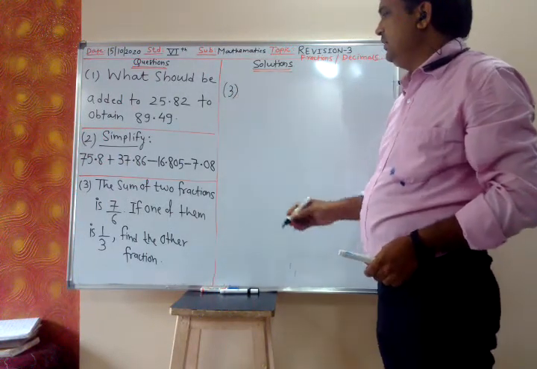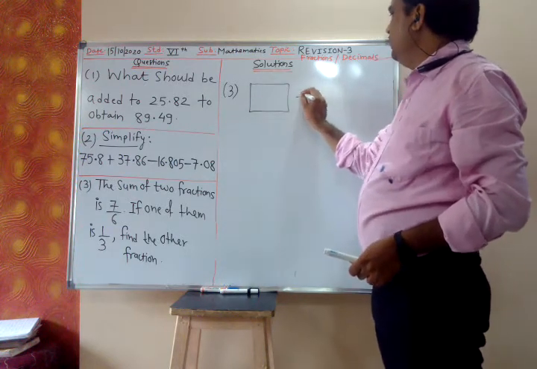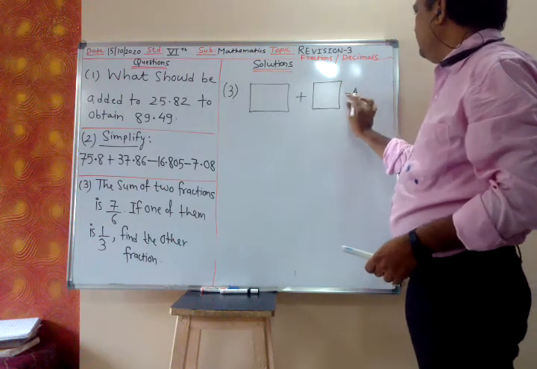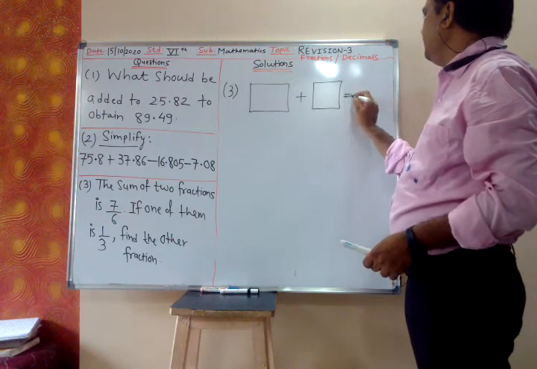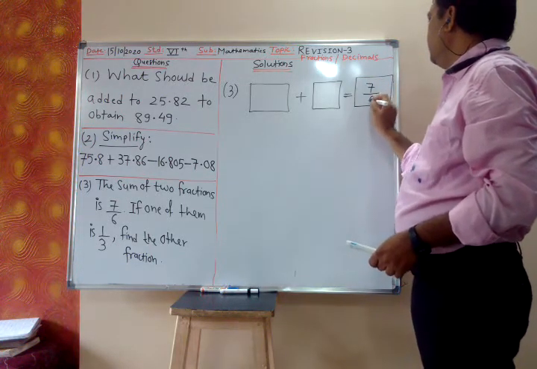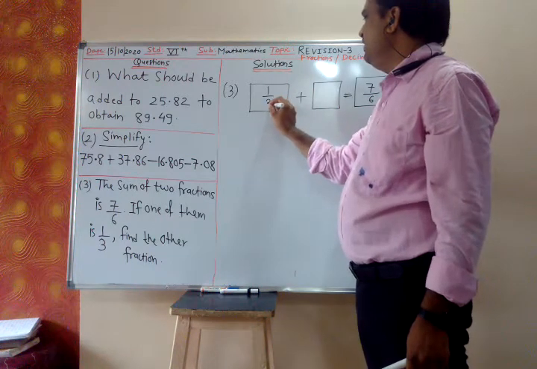Let us start third. The sum of two fractions. There are two fractions, one and second. Their sum is given, 7/6. One of the fractions is given, 1/3. Find the other fraction.